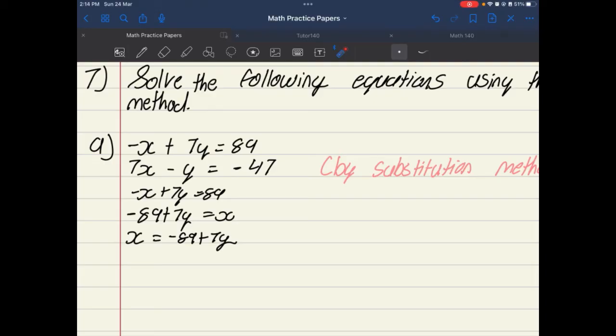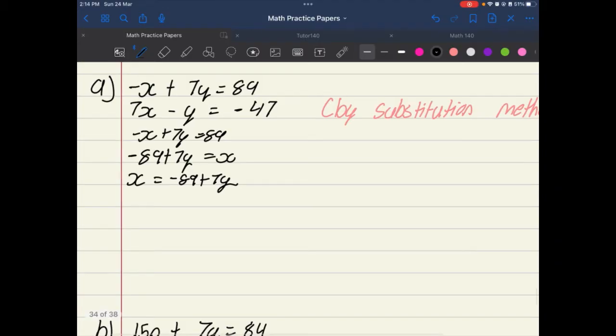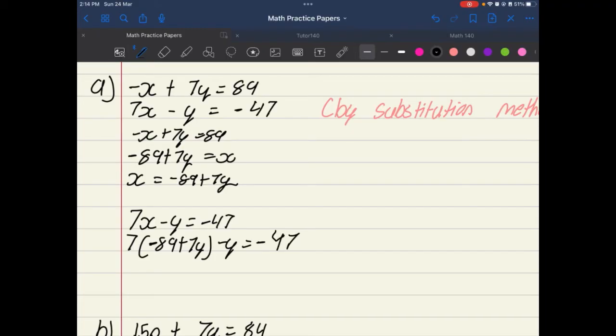Now substitute this into the next equation for x. So this would be 7x minus y is equal to negative 47. So substitute next, 7 times (negative 89 plus 7y) minus y is equal to negative 47. Let me get my handy dandy calculator.